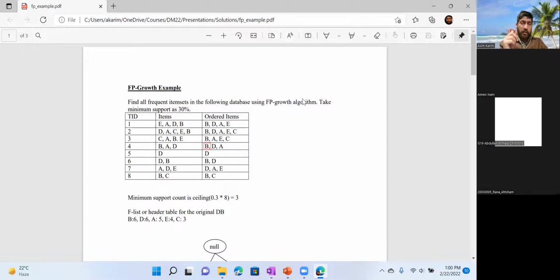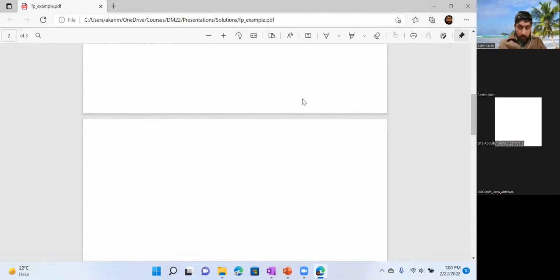And this tree is basically the FP tree, the frequent pattern tree. This tree starts from the root, null. So it has a root which is written as null, and from the root you put the transactions in sequence.